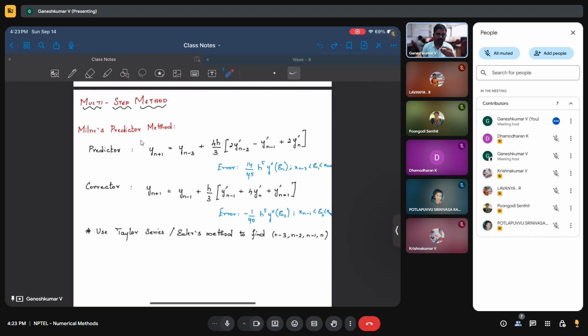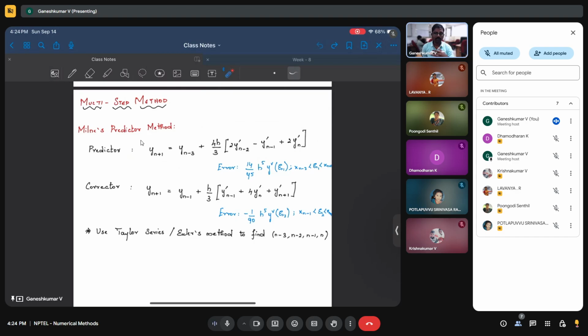For example, if a differential equation is given, and only one initial condition is given, let's say y naught, y at x equal to 0, is some value. But what you don't know is y at x naught plus h, x naught plus 2h, x naught plus 3h, all these things we don't know. So only if we know three steps, we will be able to employ this method.